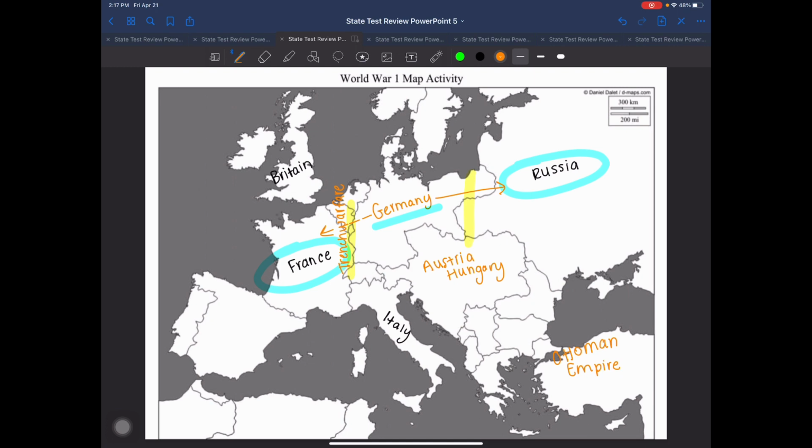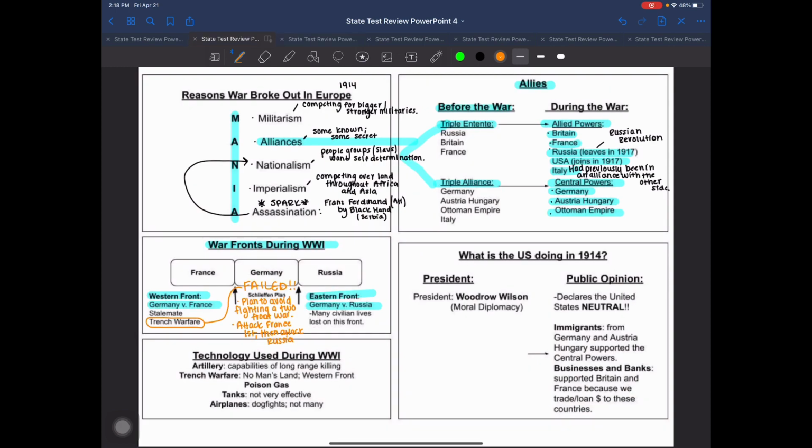We talked about no man's land, the terrible conditions in the trenches, and basically what this leads to is called a war of attrition, where Germany thought they were going to be able to just march into France, hurry up and defeat France. It turns into a war of attrition in the trenches, where basically they are fighting in these trenches and neither side is really gaining enough ground to kind of win.